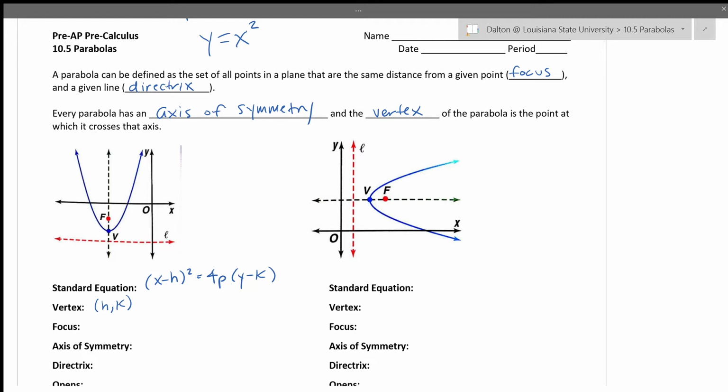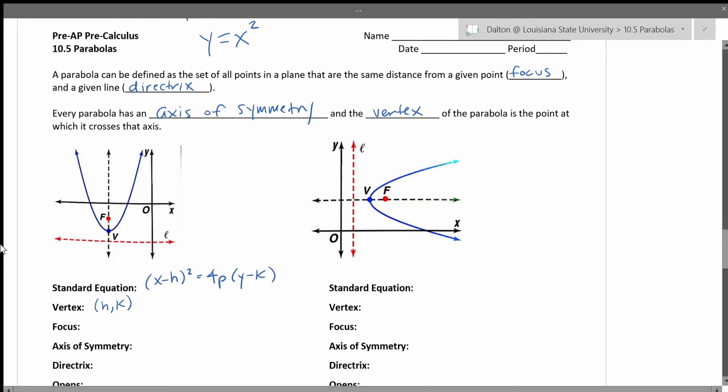Now, the main difference from other parabolas that we've graphed before: we've always graphed parabolas that are functions, meaning they were either pointed up or downward, and that was it. As soon as we flip the parabola on its side, in other words, when we take the inverse and do the plus and minus square roots, we end up with something that is not a function.